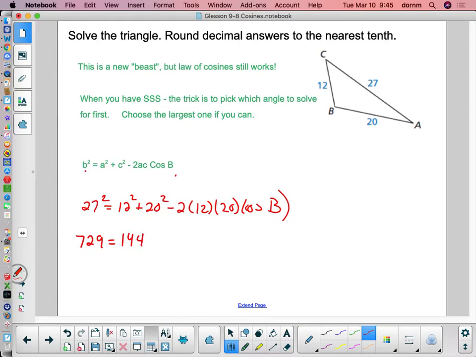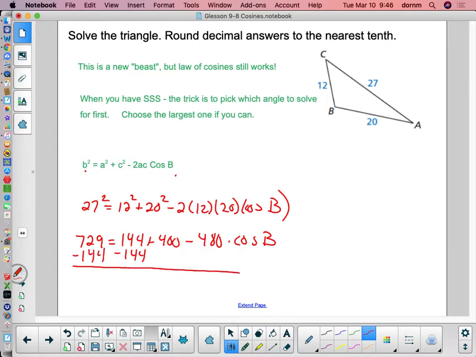Is 144 plus 400 minus 2 times 12 times 20 is 480 times cosine of B. Now, I can combine these 2 numbers, but I can't combine all 3 numbers because this is multiplying my variable. So I could combine these 2, but what a lot of people wind up doing is just this. I'm going to subtract the 144.